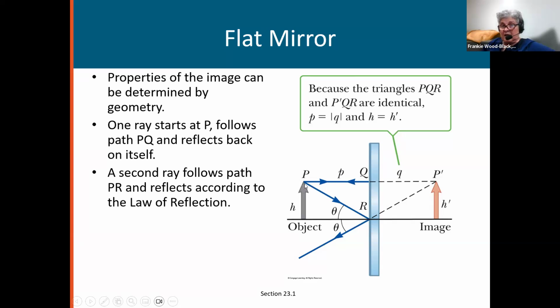For the second ray, I take a line to where my normal intersects my mirror. The angle of incidence equals the angle of reflection, and I get my ray actually coming out. This is the actual light, but the extension is my dashed piece, and where these two come together is where I'm going to get my image.